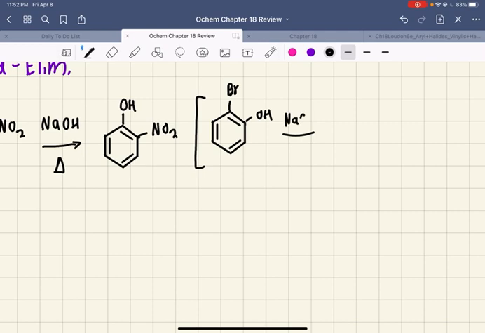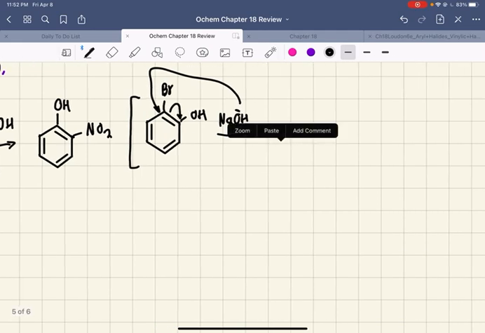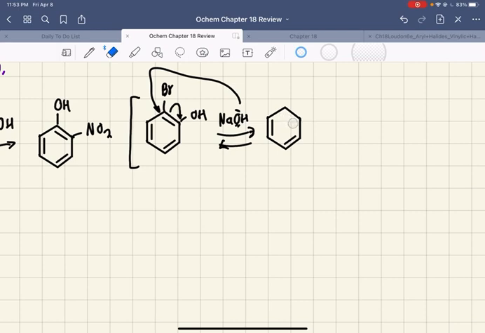The lone pairs on this will attack here, causing the alkene electrons to go there. Now the lone pairs will be here.